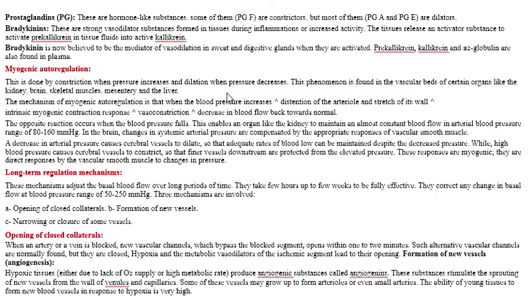Also, formation of new vessels, which is called angiogenesis, and also narrowing or closure of some vessels, so that there is regulation for the long term. Opening of closed collaterals: these are arteries that can be blocked, and a new vessel can occur which can bypass the blood.